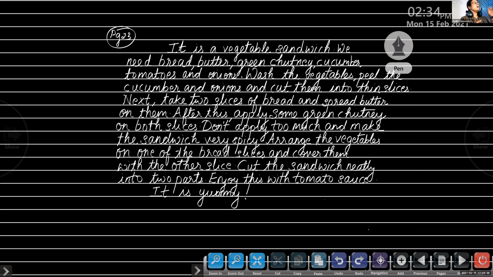But when you write, in this writing skill, what you have to take care of is that spelling should be correct. There should be no grammatical mistakes. The sentence construction should be right. And then you have to put proper punctuation marks. If all this is there, then you will easily score full marks. Don't worry about it.